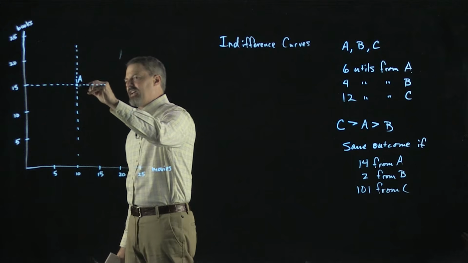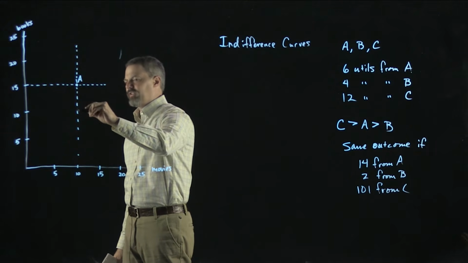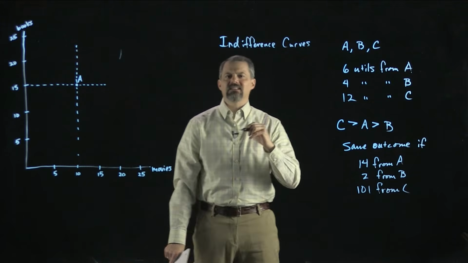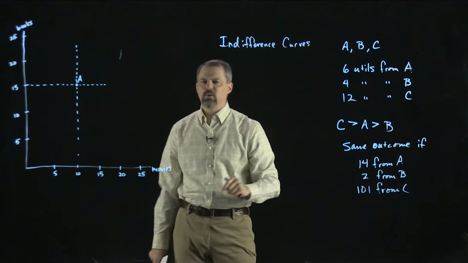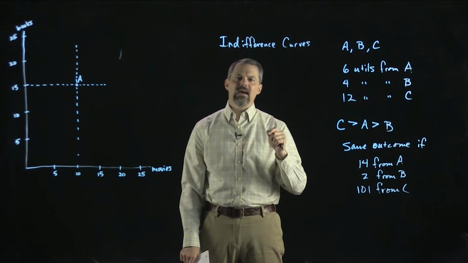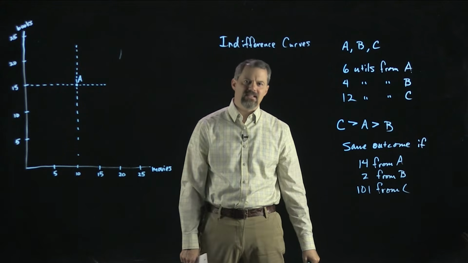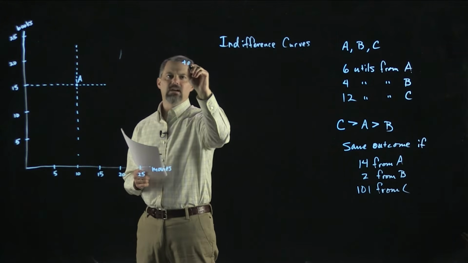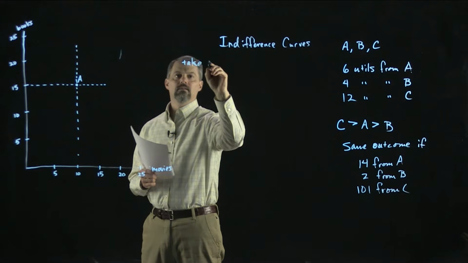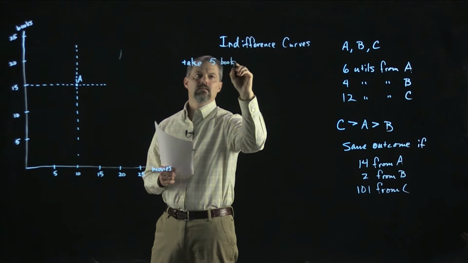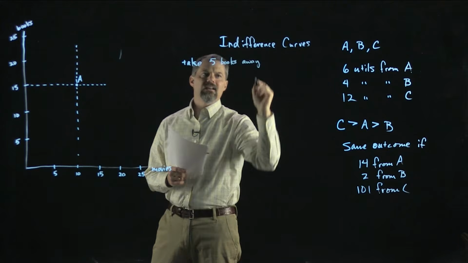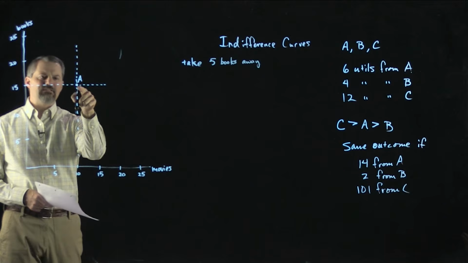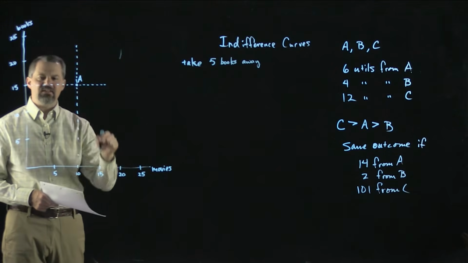Let's suppose that we take away 5 books from our consumer, and then we ask them to think about how many more movies we would have to give them to make them just as well off as they were at point A. So let's suppose we take 5 books away and ask them how many more movies they need to be indifferent between our original point and this new point.